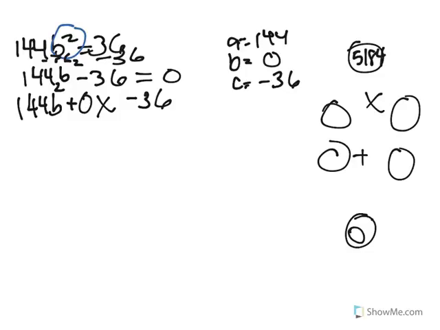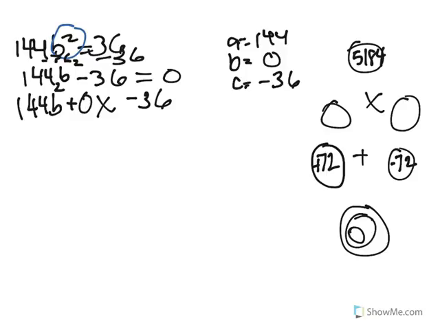Now, what we should be able to notice is that 5184 is a perfect square. So 72 times 72 equals 5184. Therefore, the two factors of 72 that when added equal 0 are going to be negative 72 and positive 72.